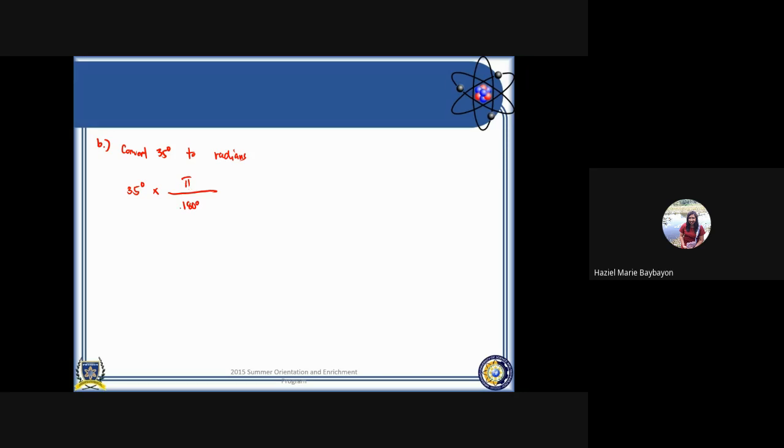So, you can use this conversion factor. 35 degrees multiplied by this conversion factor. So, 180 degrees is equal to pi radians. So, you will get 35 over 180 pi.